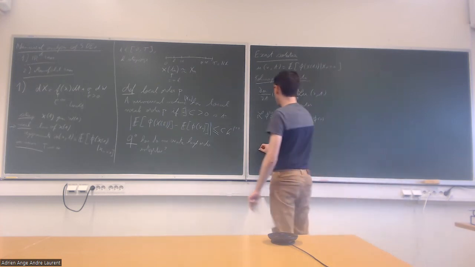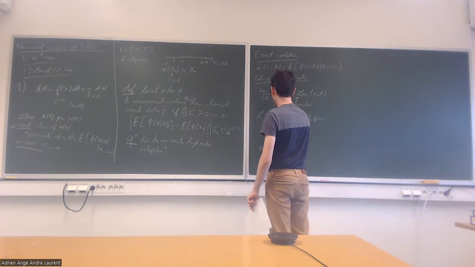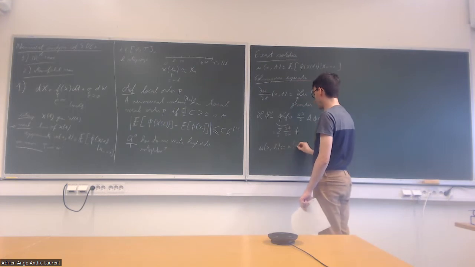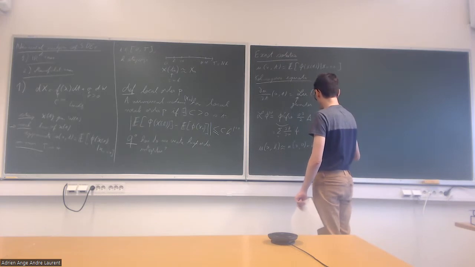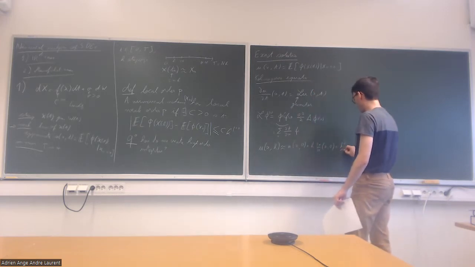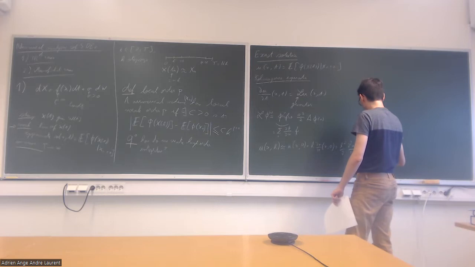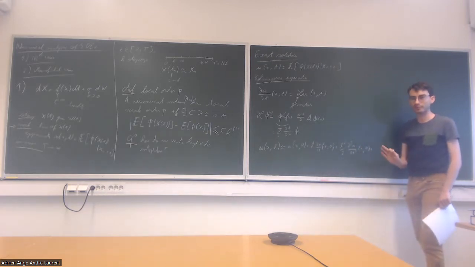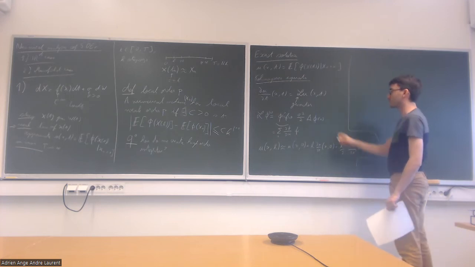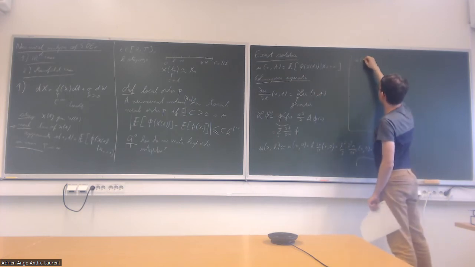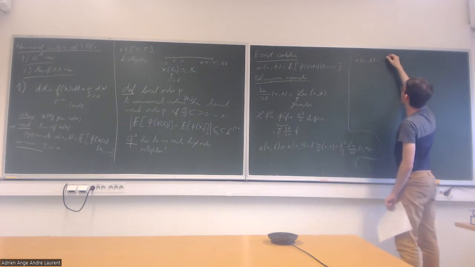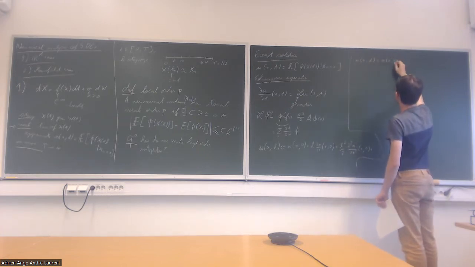So then you agree that u of x, h is approximately equal to u of x, 0 plus h times du/dt of x, 0 plus h squared over 2 times d2u/dt2, and so on. Yes, it's Taylor. Now I can just replace by this. So I have u of x, h equal to u of x, 0, which we know is phi of x.